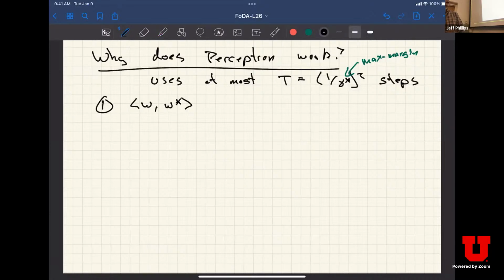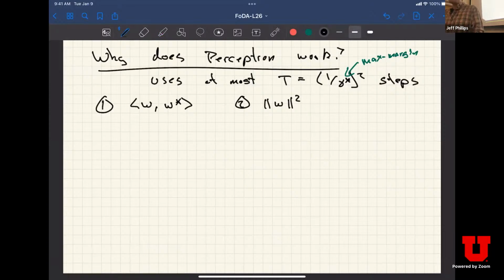Because the max margin is of length 1. Okay, but W might keep getting longer and longer. So we're going to argue that this one is going to grow every step. And we're also going to look at the length of the vector we find. We're going to say that this is not going to grow too fast.